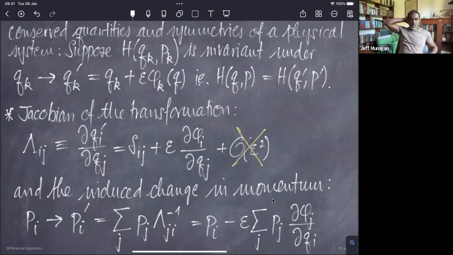Okay, so that's what the change in momentum is. So let's see what this invariance of the Hamiltonian means.